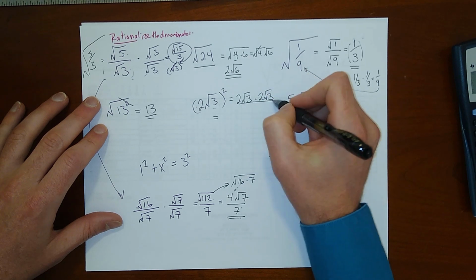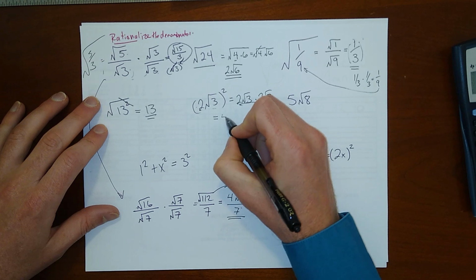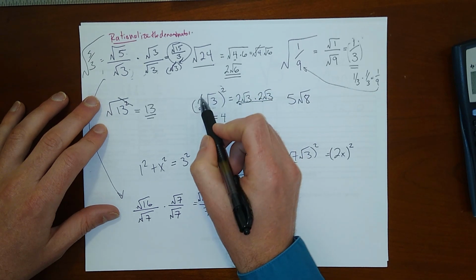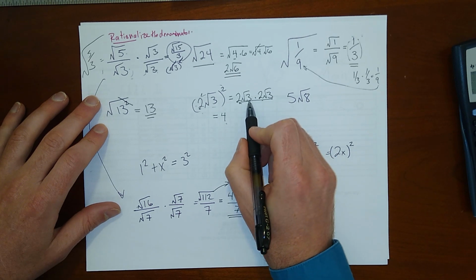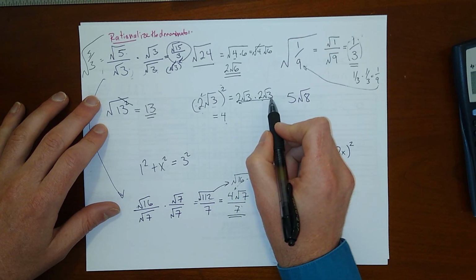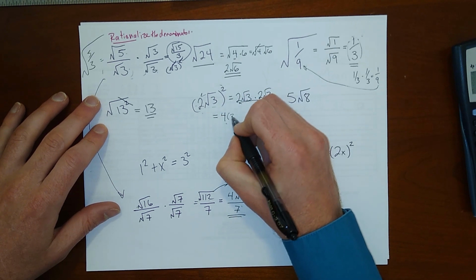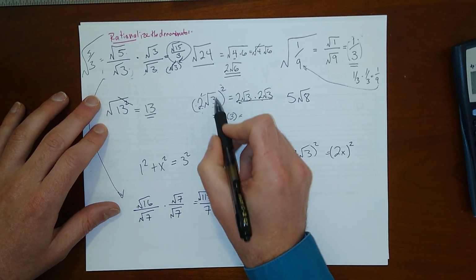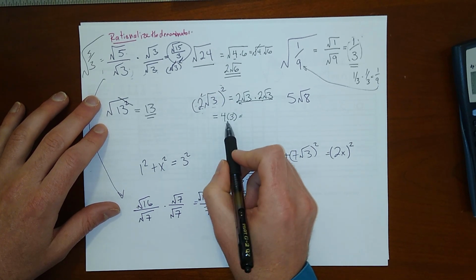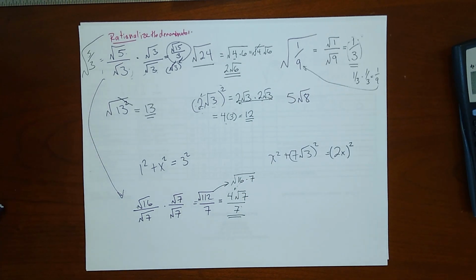So this is like 4 multiplications going on here. 2 times 2 is 4. So you square the first number, and then I multiply that by root 3 times root 3, and root 3 times root 3, or root 3 squared, is just 3. So I get 4 from squaring this, and 3 from squaring this. So this is 4 times 3, which is just 12.